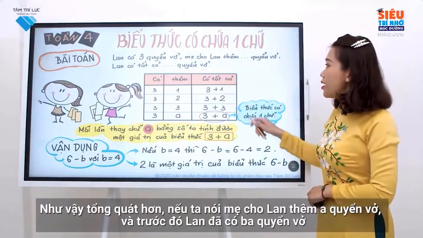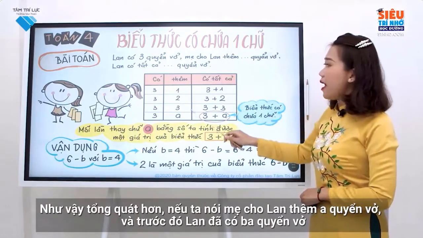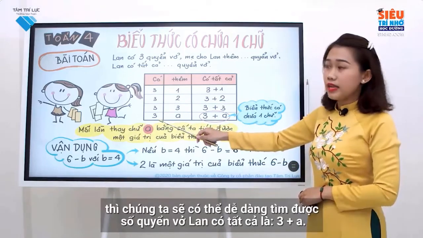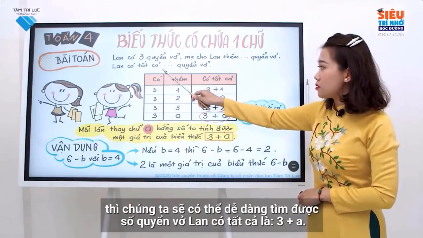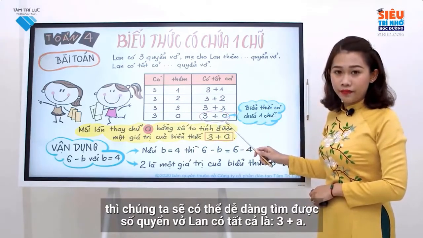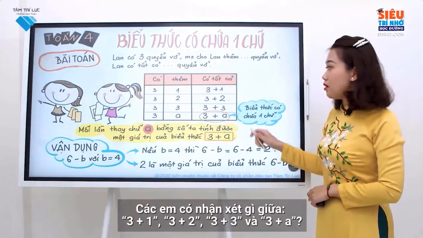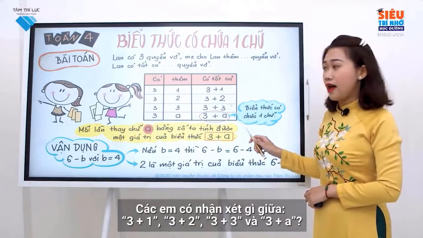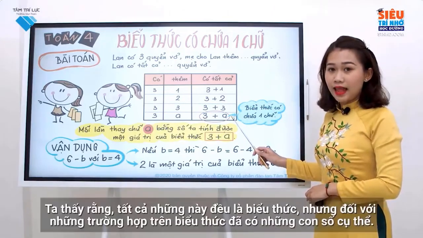So more generally, if Lan's mom gave her a more notebooks, and Lan has 3 notebooks before, we can easily find the number of notebooks that Lan has in all: 3 plus a. What do you think about these expressions? 3 plus 1, 3 plus 2, 3 plus 3, and 3 plus a.